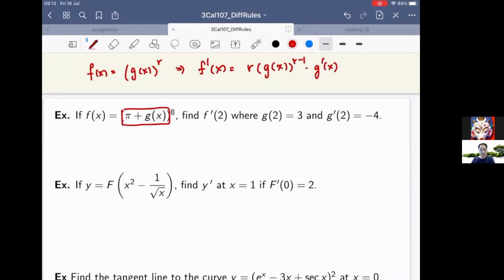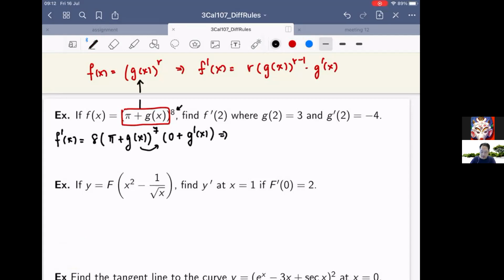But for this one, don't just stick with the g. This one here is your inside, and here is your r, the 8. So to find your f prime, kick down the r, copy this one raised to the power r minus 1, and multiply by the derivative of the one inside, which is 0 and g prime, because we don't know what g is.